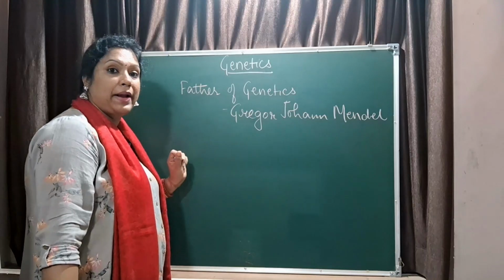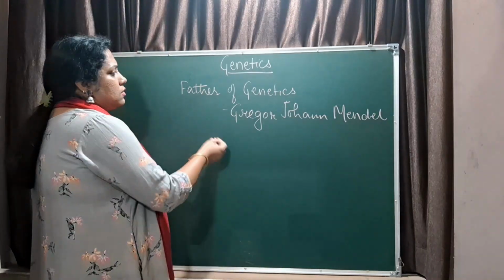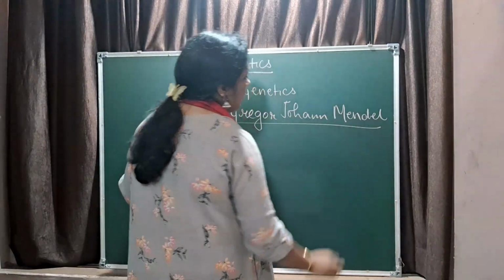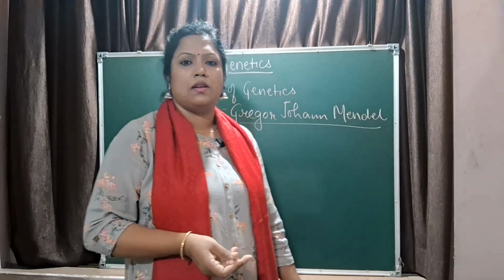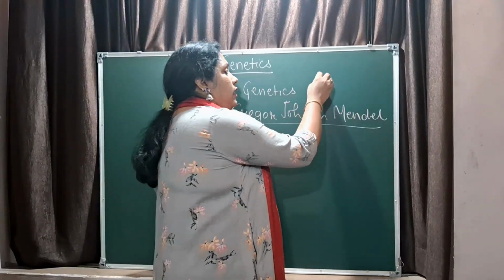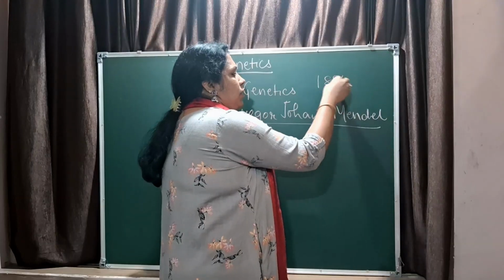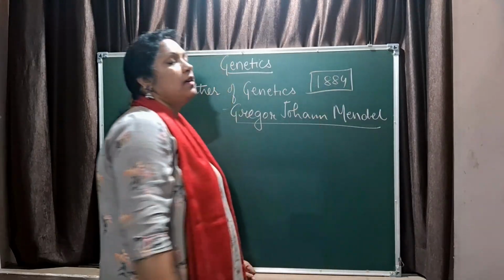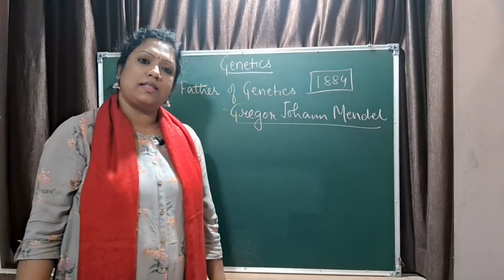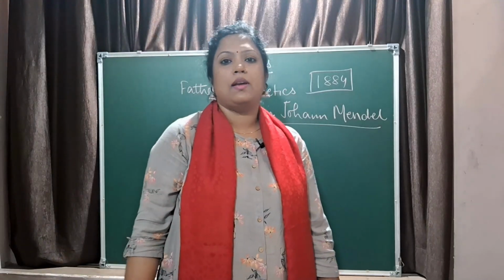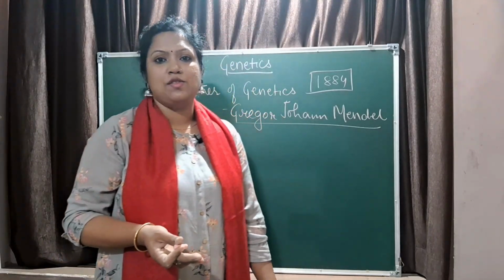He was a pioneer for all kinds of laws that we know about genetics right now. In the year 1884 we lost him, and then in 1906 it was found that whatever laws he has stated are all apt, and then he was given the title of father of genetics.